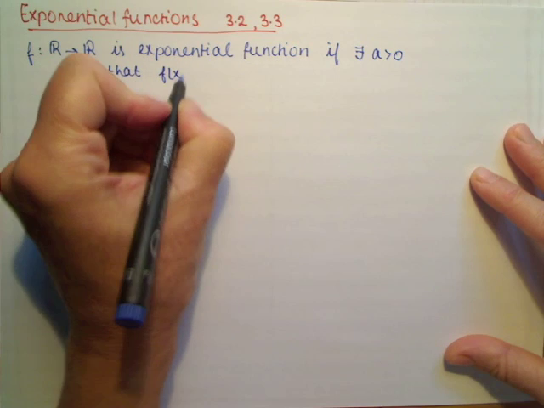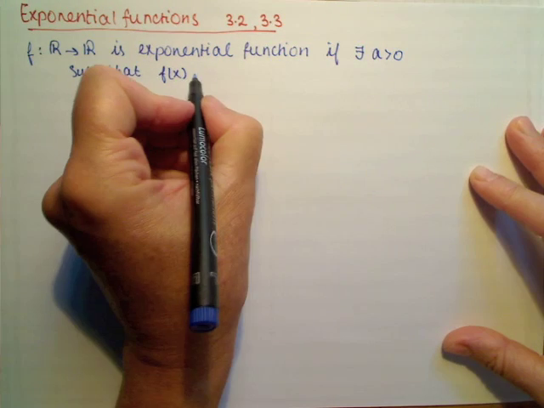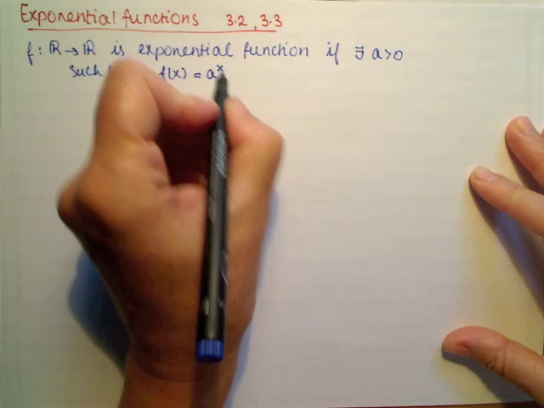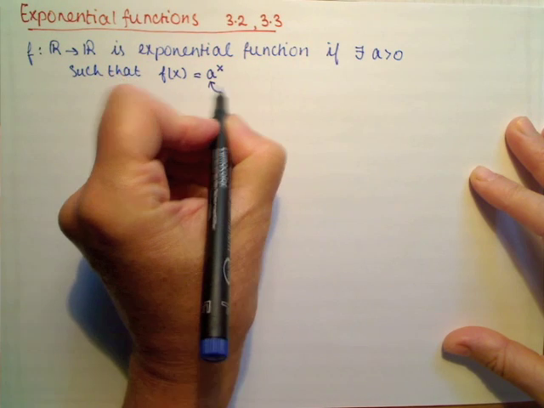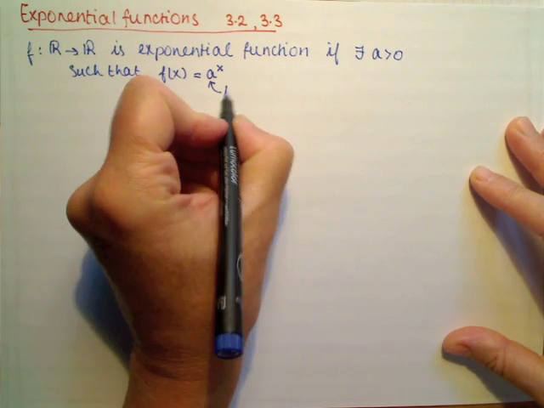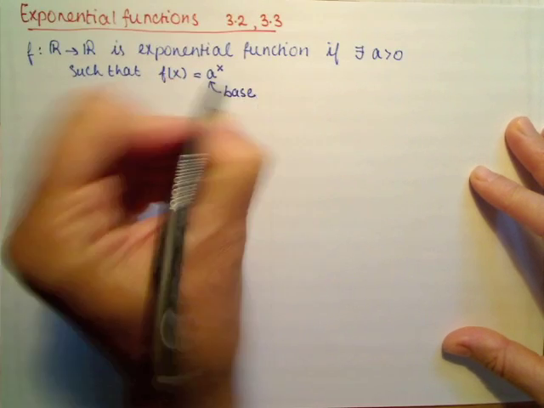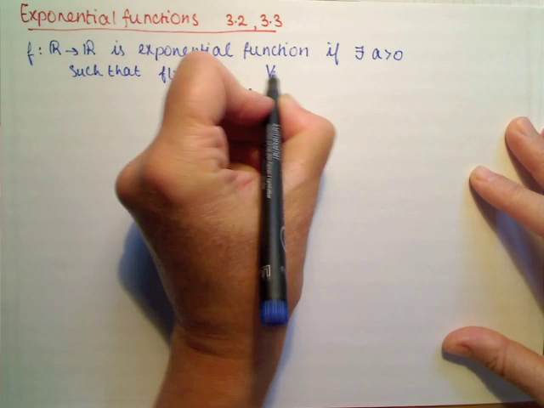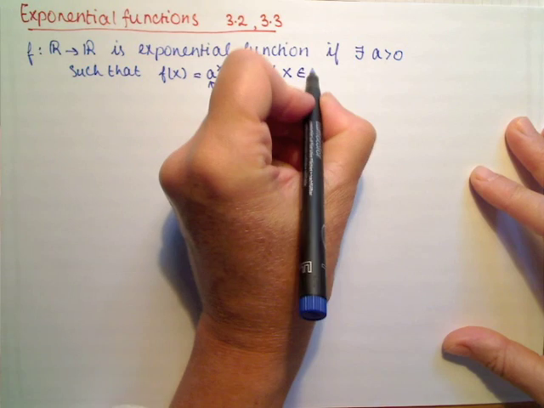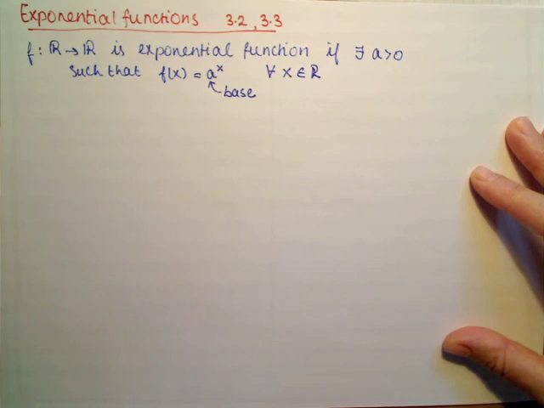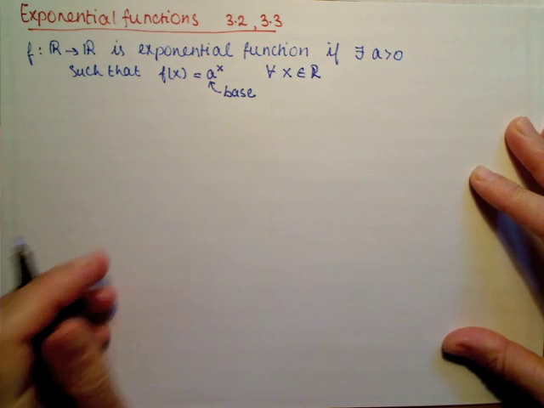We assign to each input variable x, a to the power x. And a is called the base. Of course, this has to hold for all real valued input variables x.